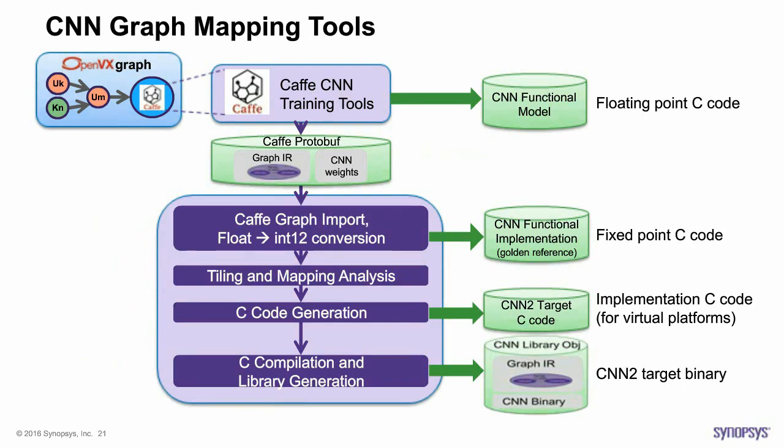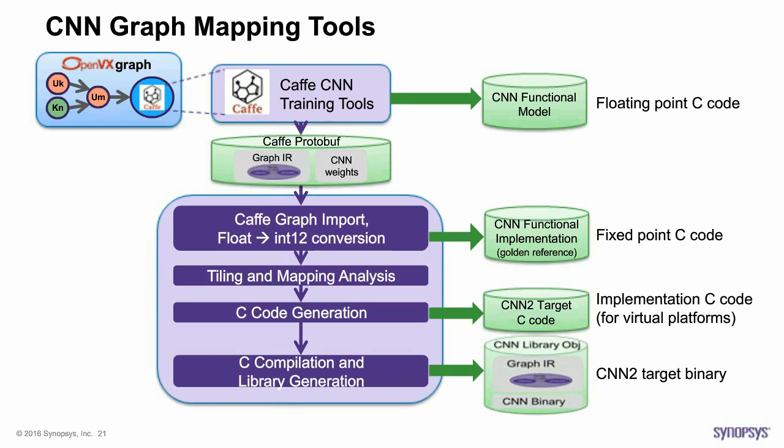We also have a tool that will take the CNN graph that's generated offline and automatically create a number of views of that, one of which is the CNN target binary at the bottom, which would be programmed into the CNN engine to run the CNN engine.